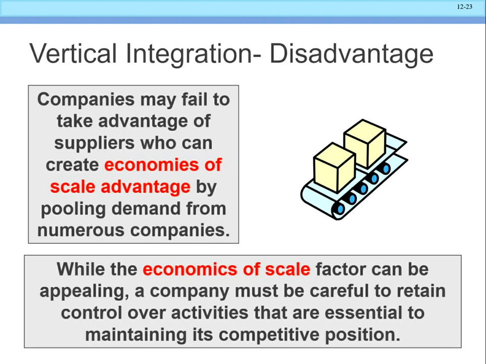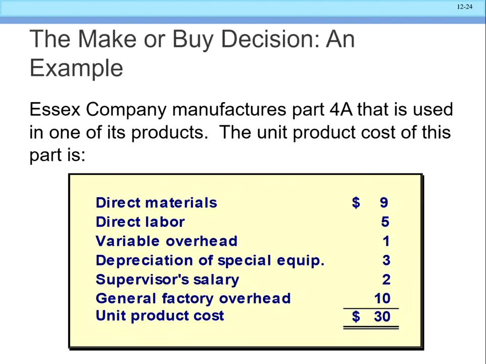For example, if you are a shoe manufacturing company, you may establish a business backwards so that you also have a business that processes the leather into a resource that you use in the factory. Or you can think of going forward: being a shoe manufacturing business, you also have a factory shop or a retail or wholesale shop where you sell the product. So that's all about vertical integration.